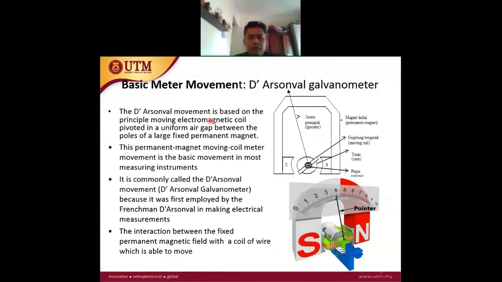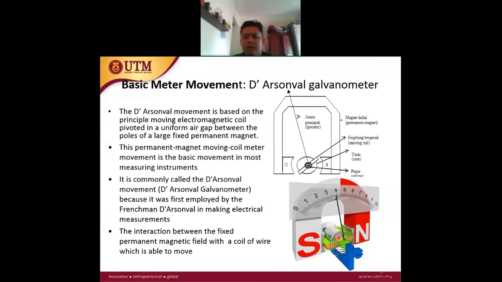Now we have come to the galvanometer. This is based on the principle of a moving electromagnetic coil. As you can see from the picture, there is an electromagnetic coil in the middle.